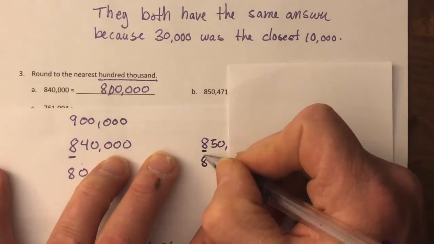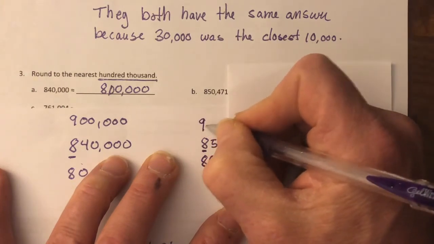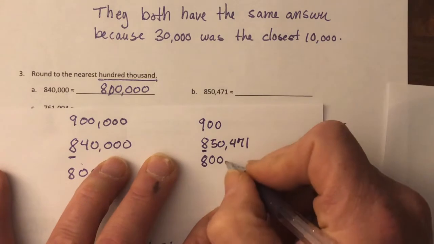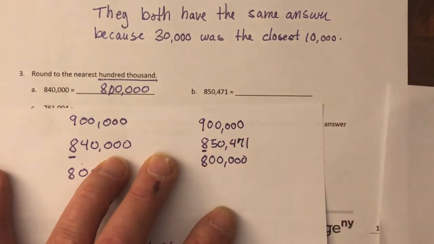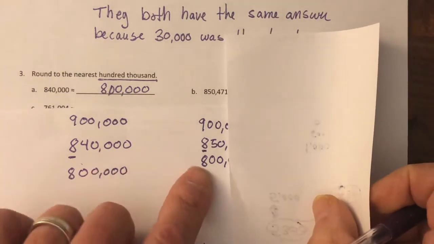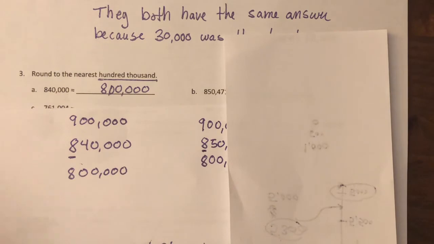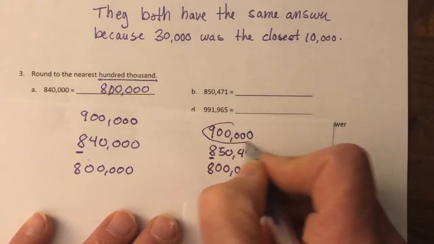So this stays at 800. And this one, 100,000 up is 900. But it's not just 800, 900, it's 800,000, 900,000. So halfway between 800 and 900 is 850. Well, that tells me right off the bat. If I'm exactly halfway, I always round up. That's the rule, right? So here it would be 900,000.